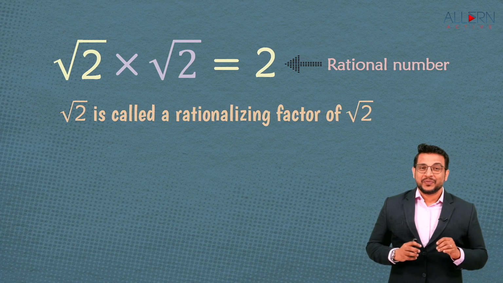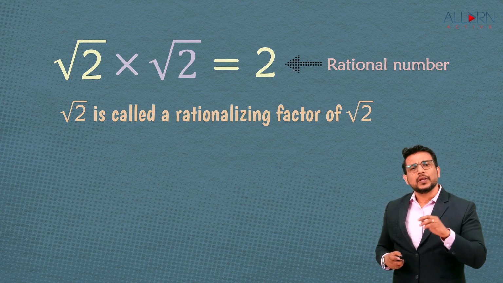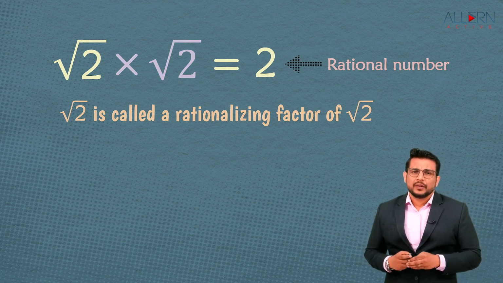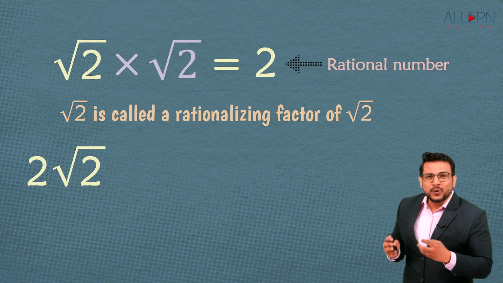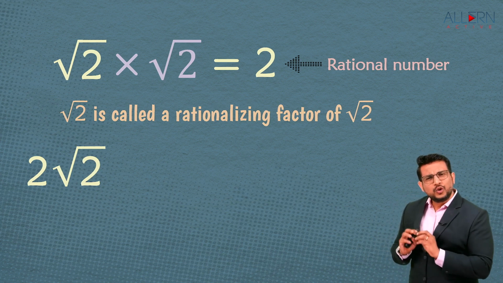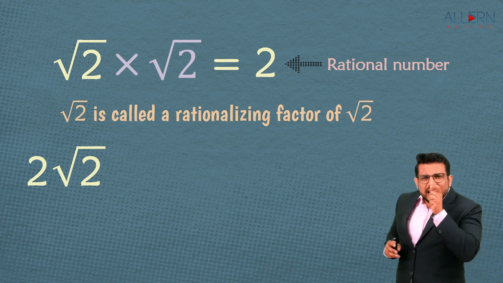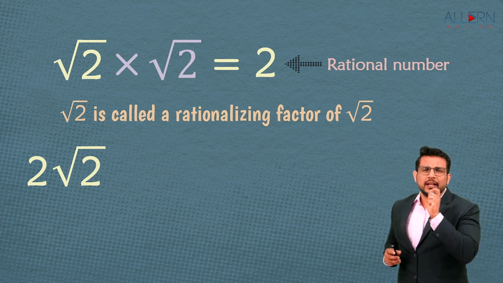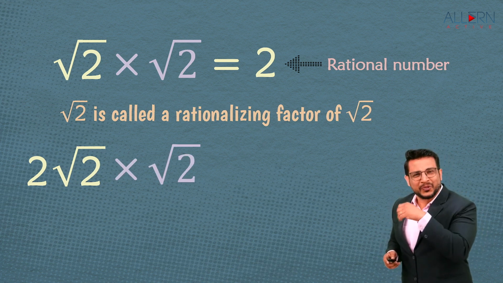So we know now that if we have root 2, to make it rational, we just multiply by root 2. Let me take another example. 2 root 2 is again a monomial surd. In this surd, the 2 is already rational. The only irrational factor is root 2. To make that rational, multiply again by root 2.